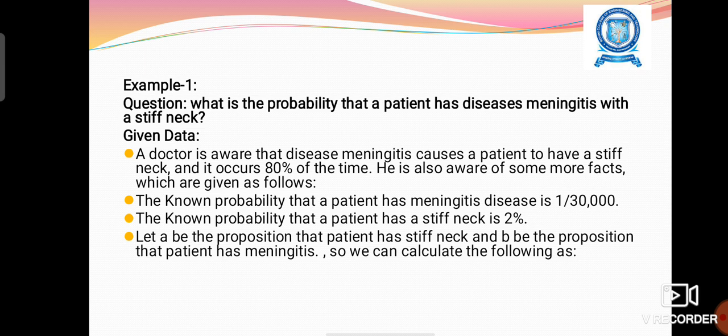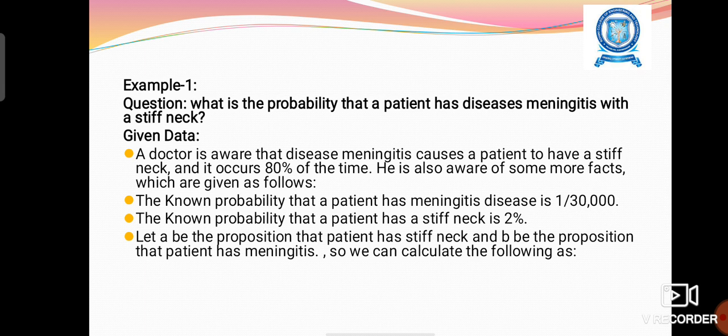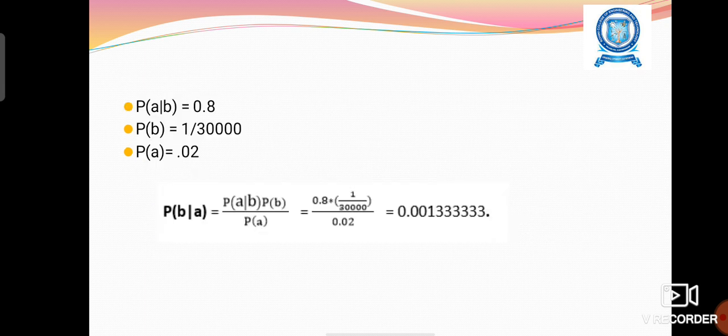We can apply the given values. P(A|B): if the patient has meningitis, what is the probability of the patient having a stiff neck? That is 80%.